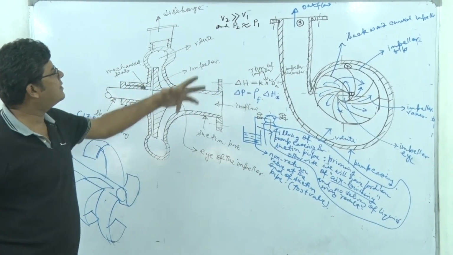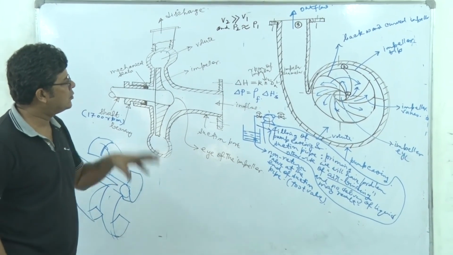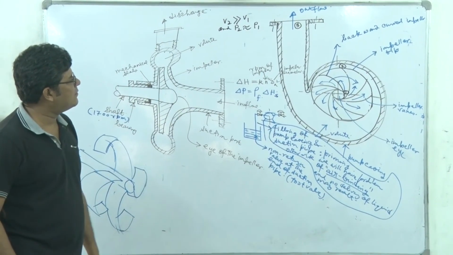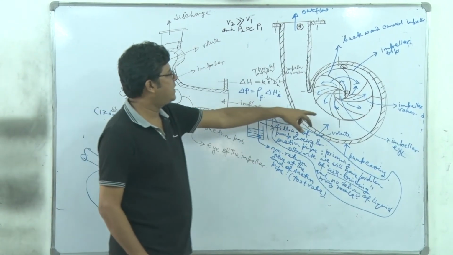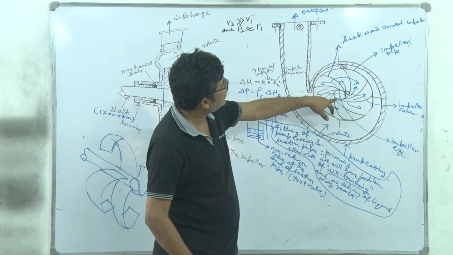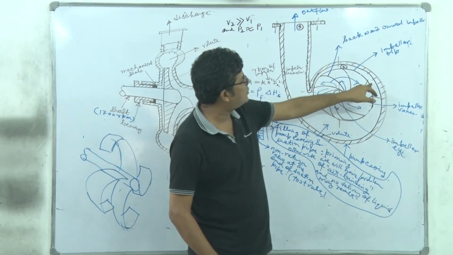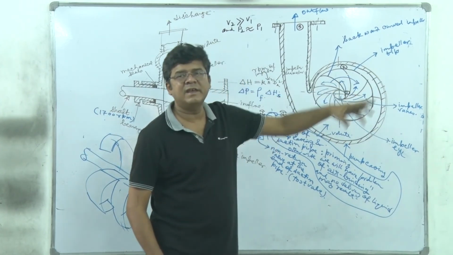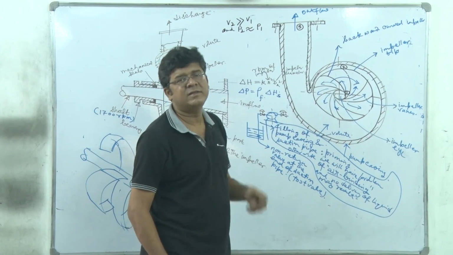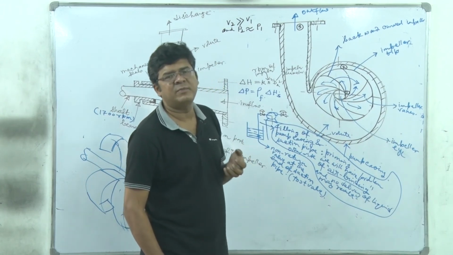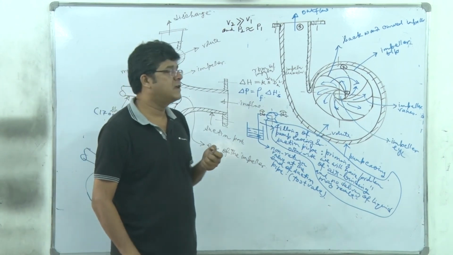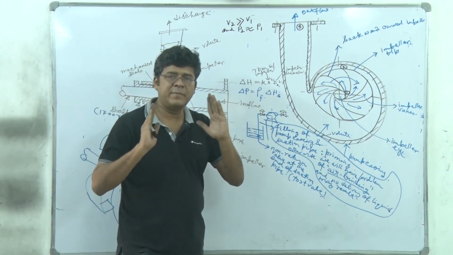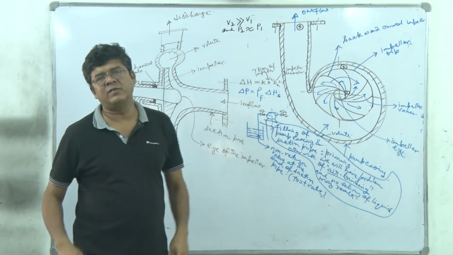So you have increased the velocity through this primary delivery of energy in the form of centrifugal force field to the liquid, and as the liquid moves from this impeller eye region to the tip region, its velocity head will be increased tremendously. Definitely there will be some change of the pressure head, but that is not very significant, right? But think of a pump. Between the inlet and outlet, what do we want?